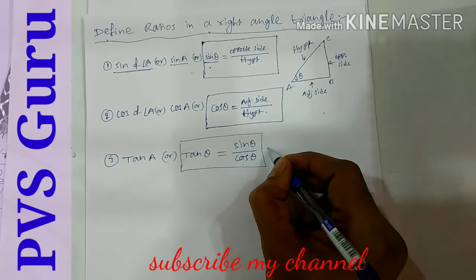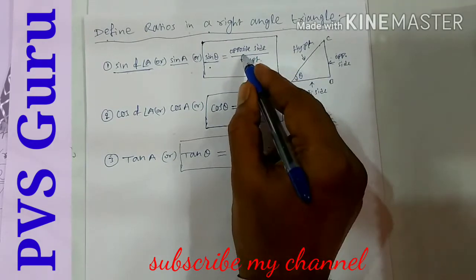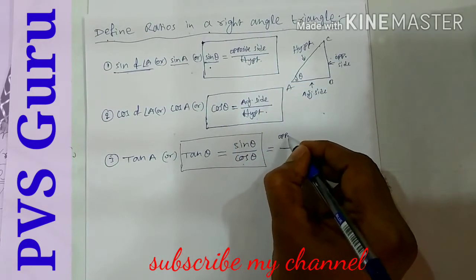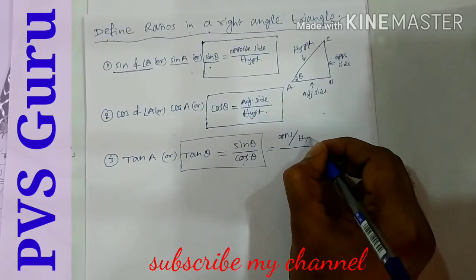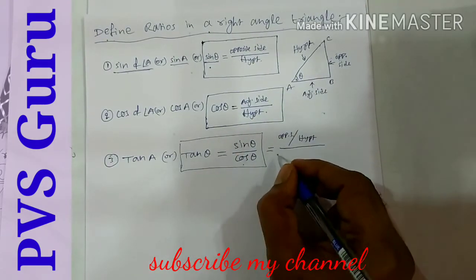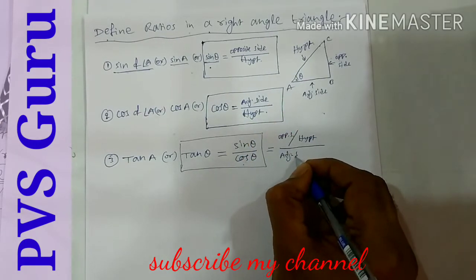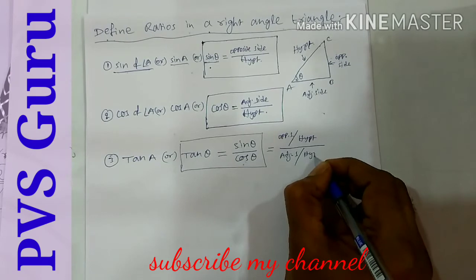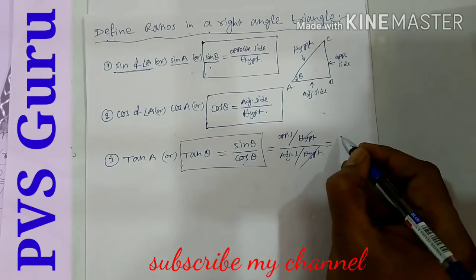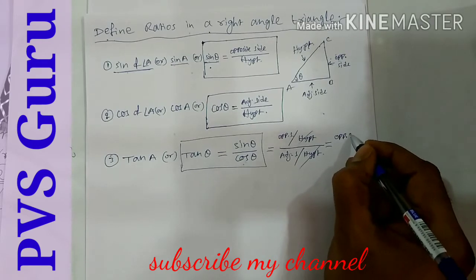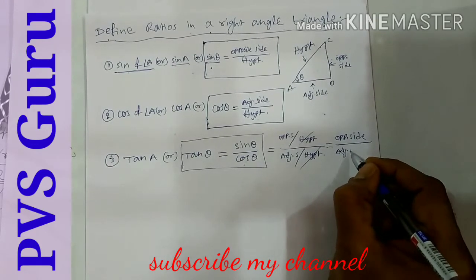Here sin means opposite side by hypotenuse, and cos theta means adjacent side by hypotenuse. So the hypotenuse cancels, and you get opposite side by adjacent side.